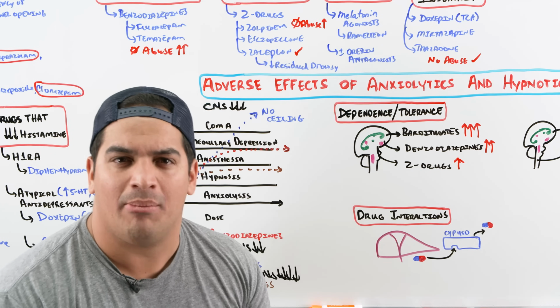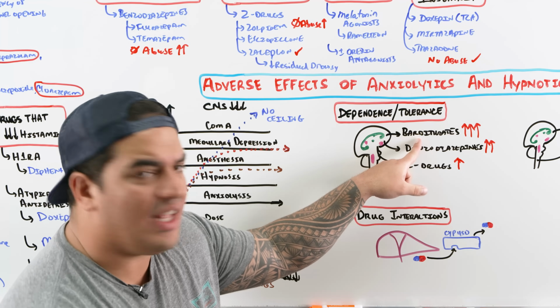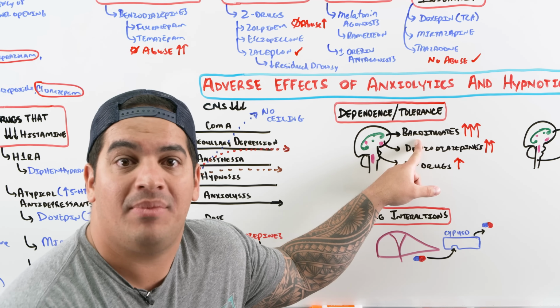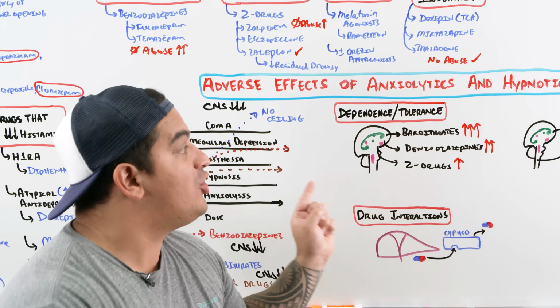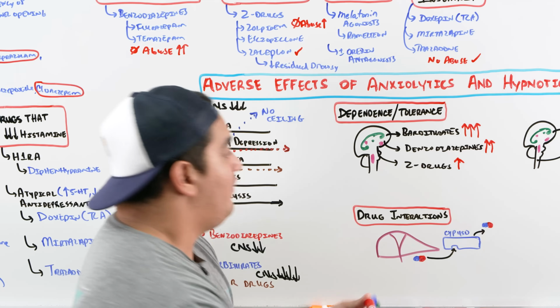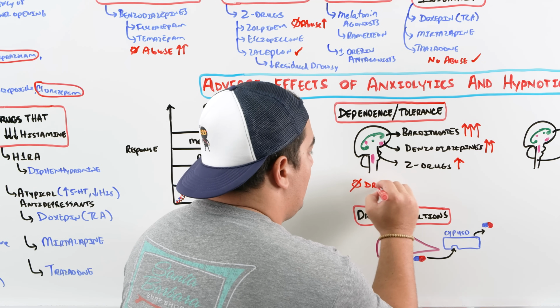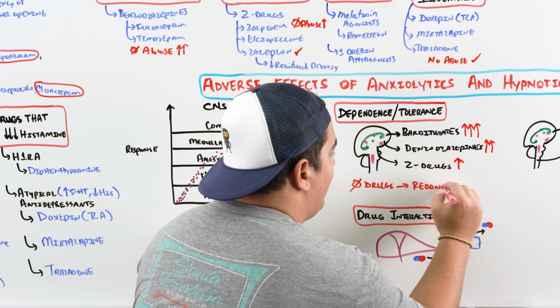And that's a really, really important concept to understand: with giving these drugs, if the drug dosage has to increase to meet the same therapeutic effect, that's the concept of tolerance. And if you were to discontinue any of these drugs, the patient would develop a rebound effect.